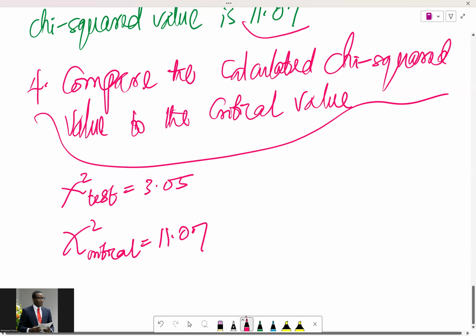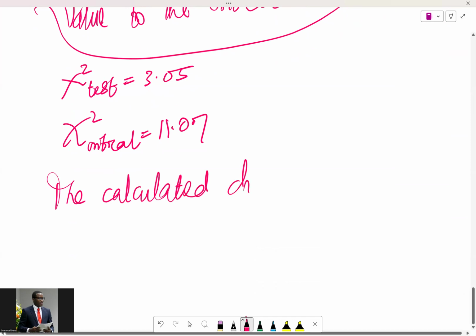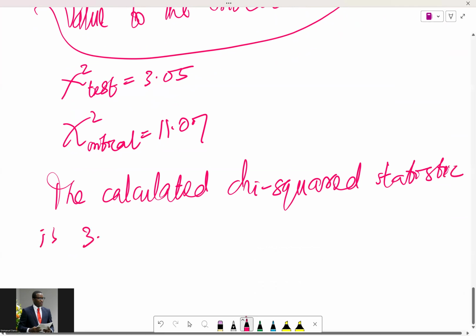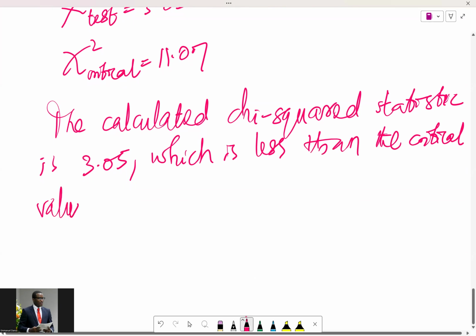So let's see the decision we have to make. The calculated chi-squared statistic is 3.05, which is less than the critical value of 11.07.